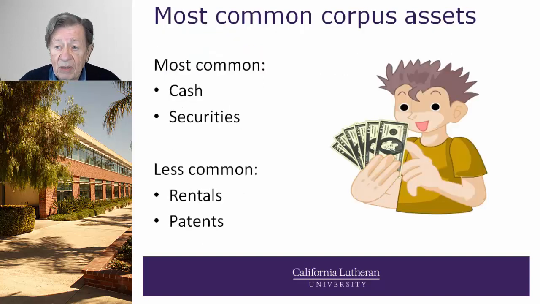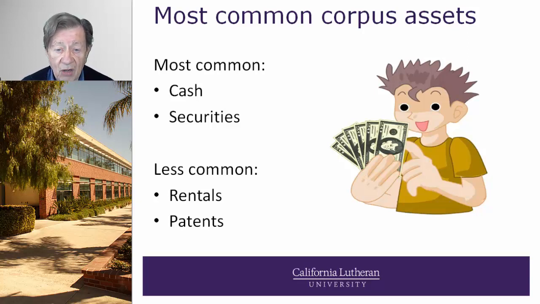Most common corpus assets are cash and securities, and that's where, again, financial planners get involved, because most lay trustees, most professional fiduciaries are not qualified to control securities, and that's a major item in the trust.